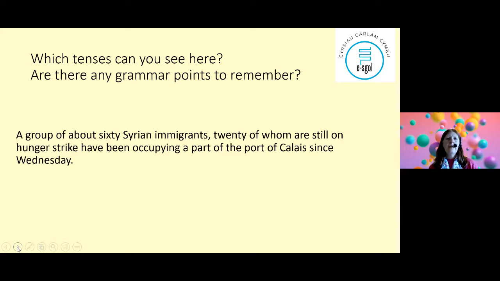Remember to think tenses and grammar points. Madame Lloyd will answer any queries or any questions which you have in the chat, which is the Q&A, remember.